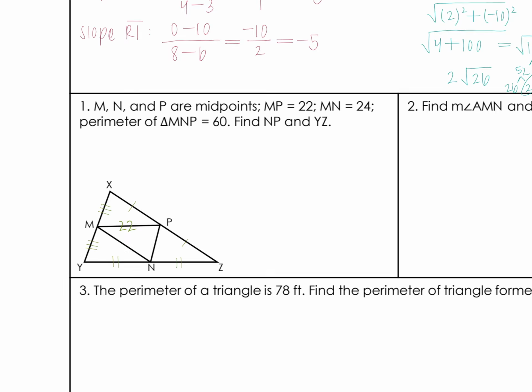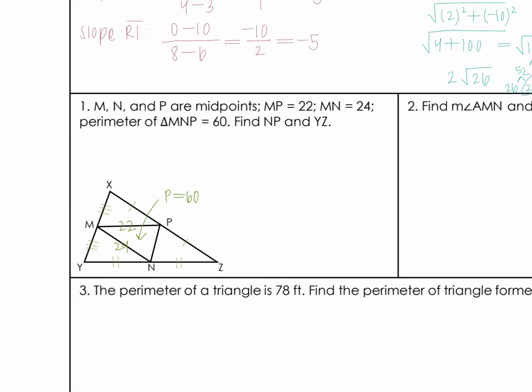And then we have that MN is going to be 24. And the perimeter of this inside triangle, MNP, is going to be 16. So I want to find NP and YZ.